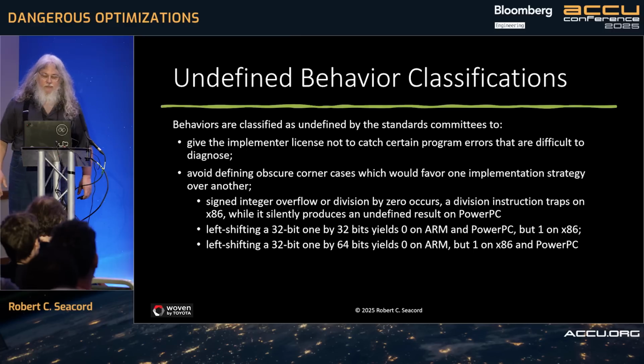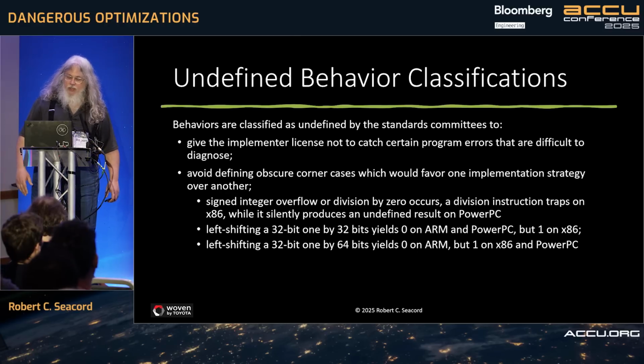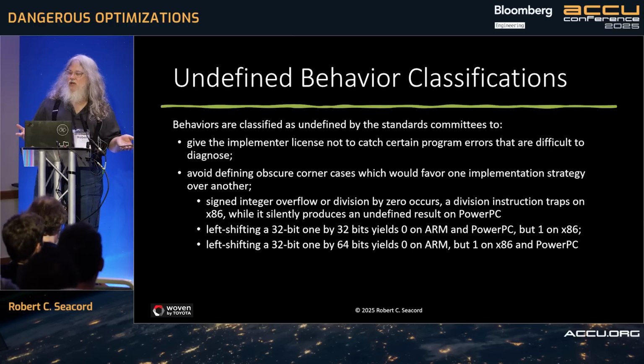Left shift is different on different computers, but when you're shifting a 32-bit number 32 bits, there's no logical answer that you should get, right? So it just doesn't matter. It's just kind of a silly thing to do.